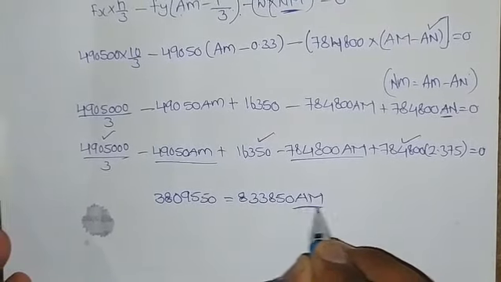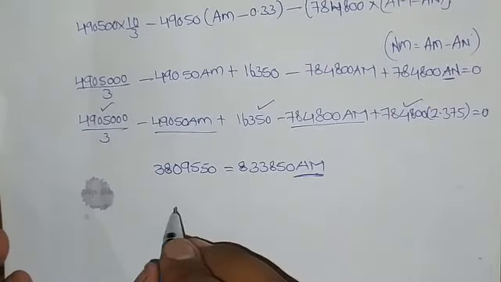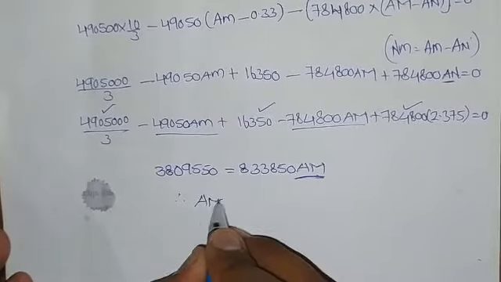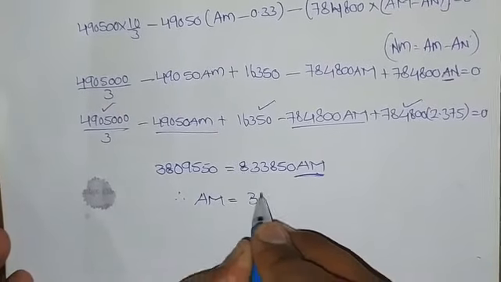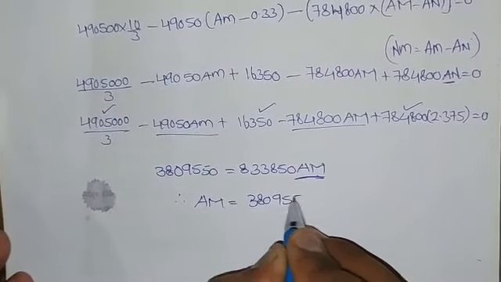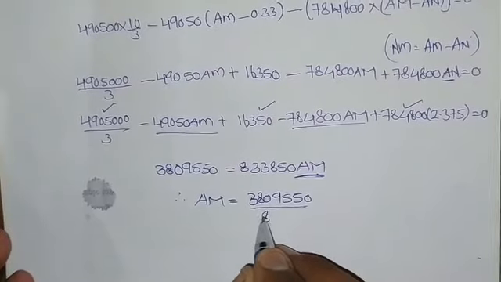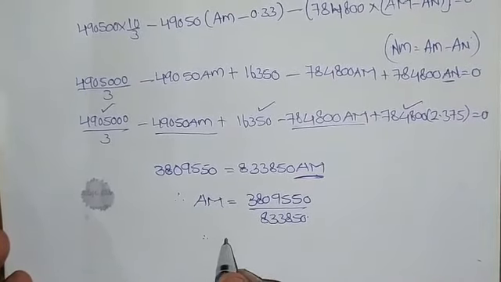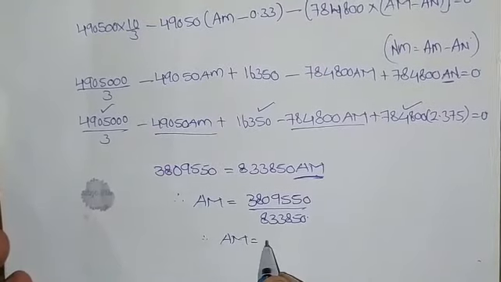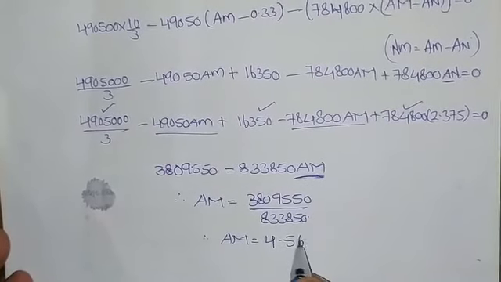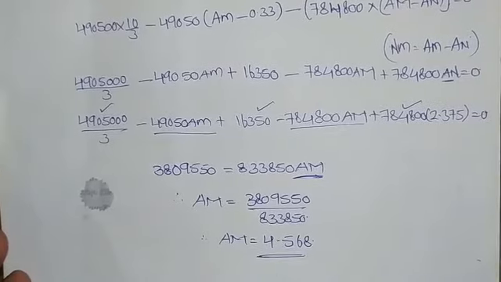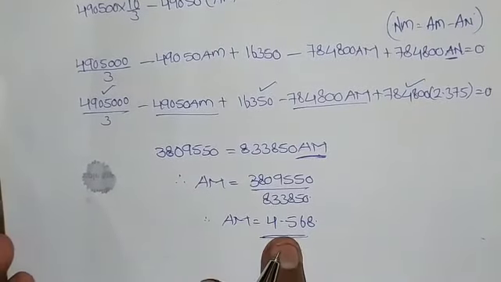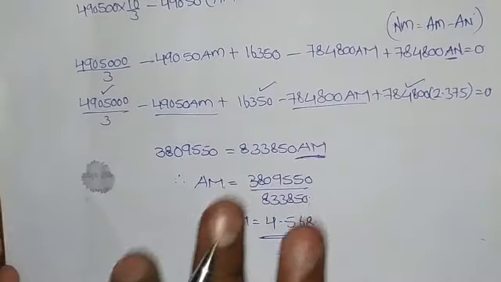From this we have to find the value of AM. Therefore AM is equal to 380,950 divided by 833,850. So the value of AM is 4.568.